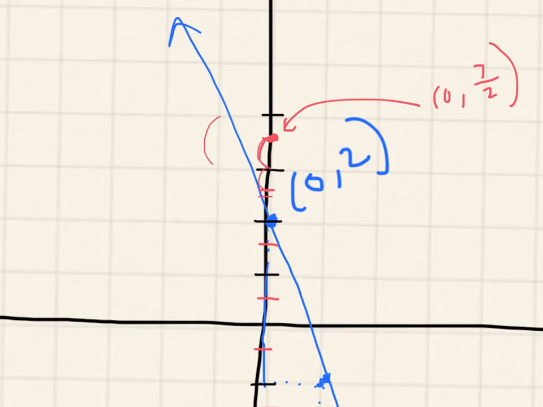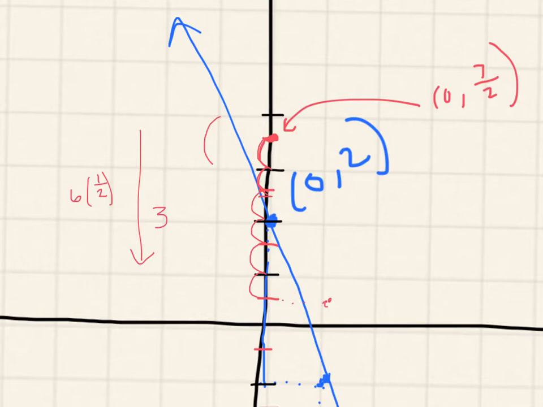But here's a half, here's another half, so that's going down 1, 1.5, 2, 2.5, and then 3. So that's where I'm going. I'm going down 3, because it's really 6 halves, and half of 6 is 3, and then we go over 1, and there's my new point.